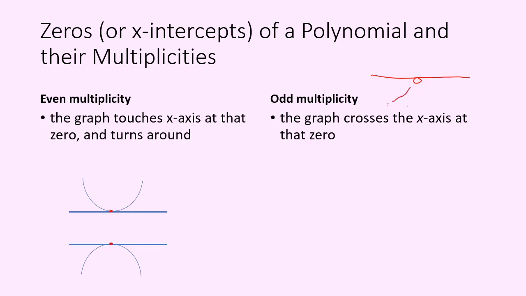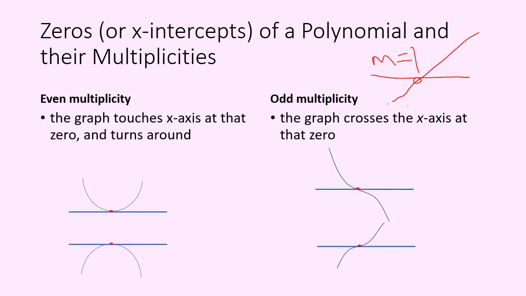Straight through. It's not going to be very curvy. But if it's 3 or above, it's going to have that kind of sigmoid shape that x cubed has. So it can either go through from top to bottom like that, or it can go through from the bottom to the top like that. Again, if it's a multiplicity of 1, it's going to go straight through. If it's 3 or higher, it's going to have that sigmoid shape.